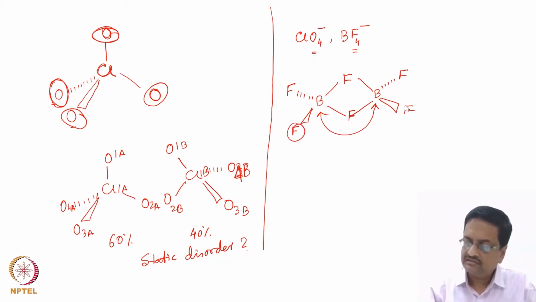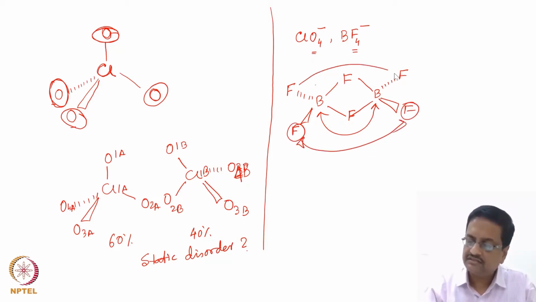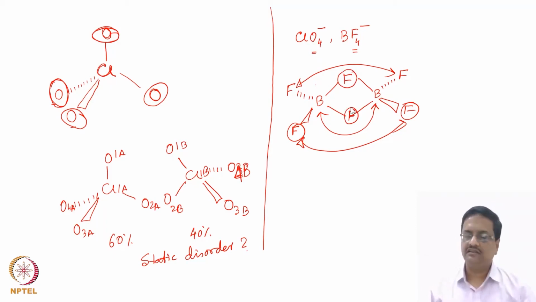This fluorine is disordered at two different locations. This fluorine is disordered at two different locations, whereas this fluorine and that fluorine are located at one position of their own and are shared by the two boron atoms on either side. So there are different scenarios of static and dynamic disorders that can be present in a crystal structure with this type of anions.